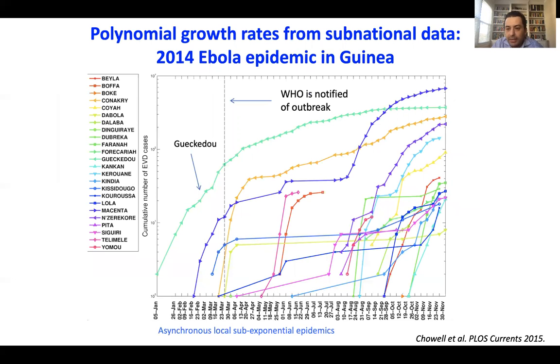This is also the case for the Ebola epidemics. This figure shows the subnational level epidemic curves of the 2014 Ebola epidemic in Guinea, where we can see that at that refined spatial scale, the epidemics are characterized by early sub-exponential growth.